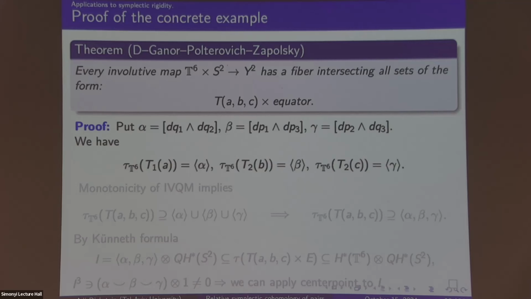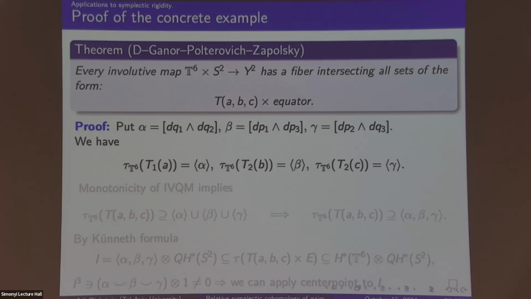What we showed in one of the previous slides is that the measure of T1 of A equals the ideal that is generated by alpha. The measure of T2 is the ideal generated by beta, and the measure of T3 is the ideal generated by gamma.